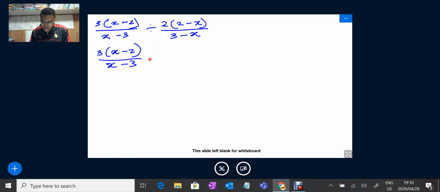And then multiplied by, now we know that things are going to change. We take the other fraction and simply invert it. Now we are going to have 3 subtract x over 2 into 2 minus x.